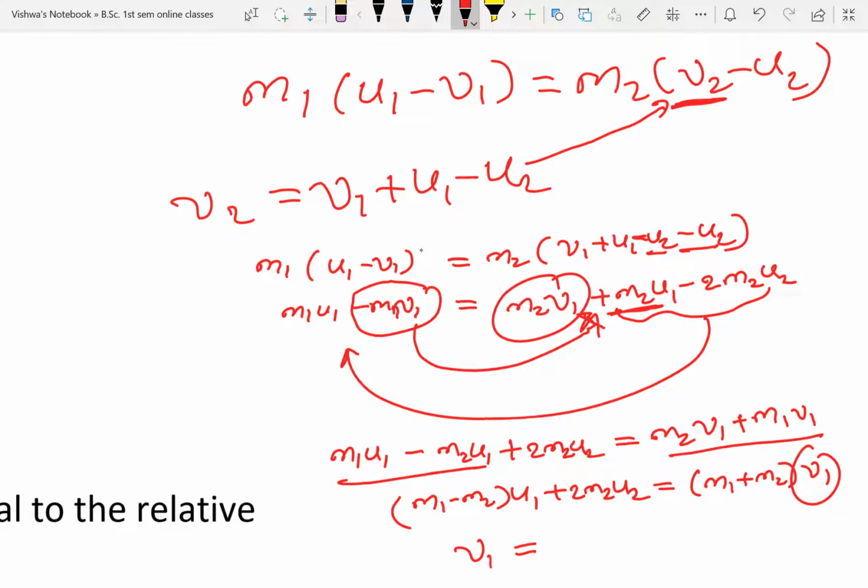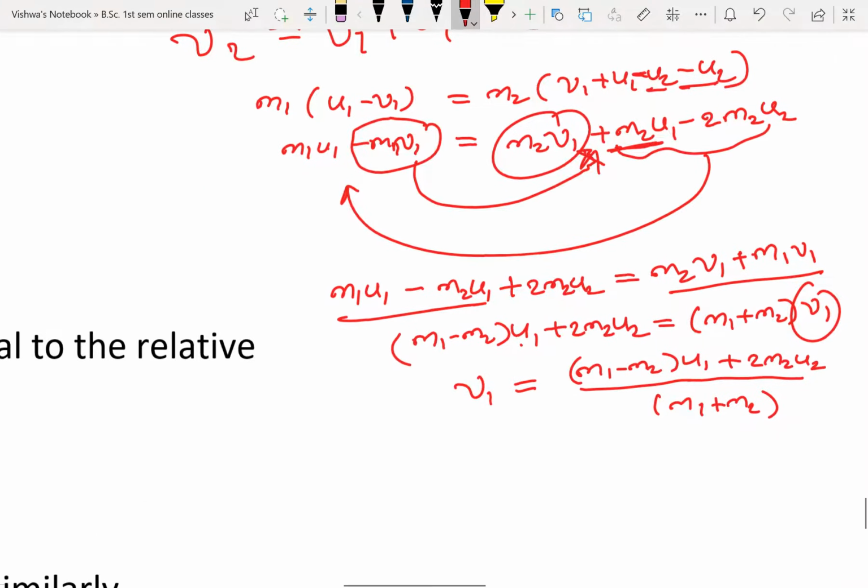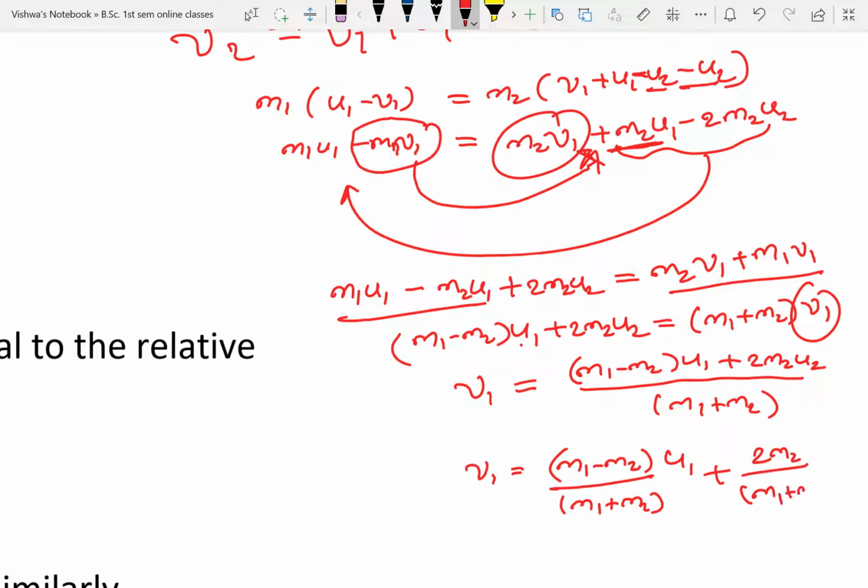It becomes (m1 minus m2) into u1 plus 2 m2 u2, divided by m1 plus m2. So we can write v1 equal to (m1 minus m2) into u1 divided by (m1 plus m2), plus 2 m2 divided by (m1 plus m2) into u2. Now we get the value of v1.